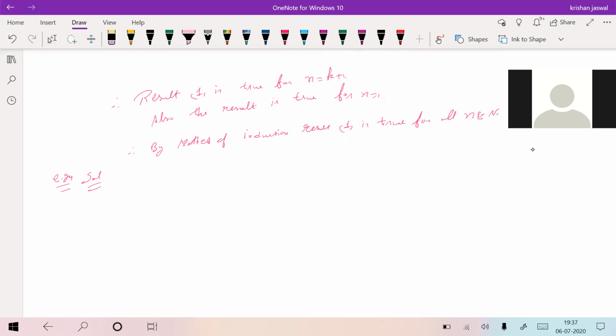We have to prove that 1 over 2 plus 1 over 4 plus 1 over 8.